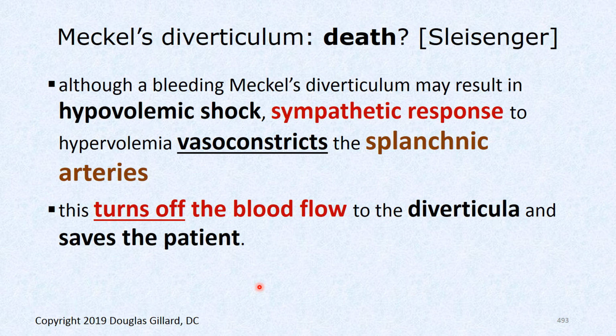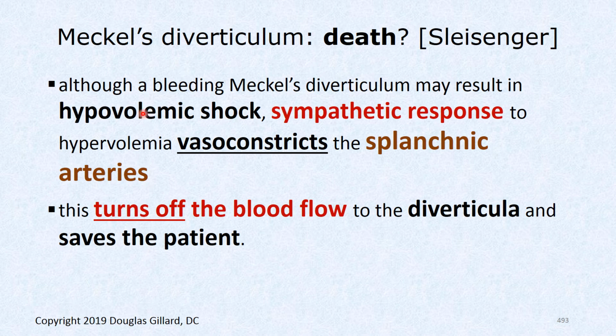What about death? It can surely happen, but a lot of times the child gets really, really sick. It gets infected, and they get an acute abdomen, and they probably misdiagnose it as appendicitis, but they get treatment. They do start to become quite dehydrated, and that turns into hypovolemic shock, which turns on your sympathetics.